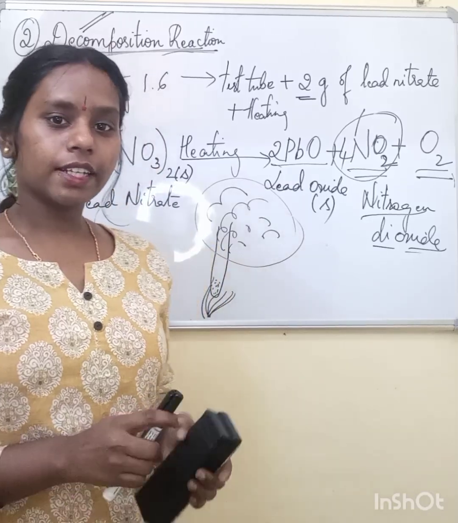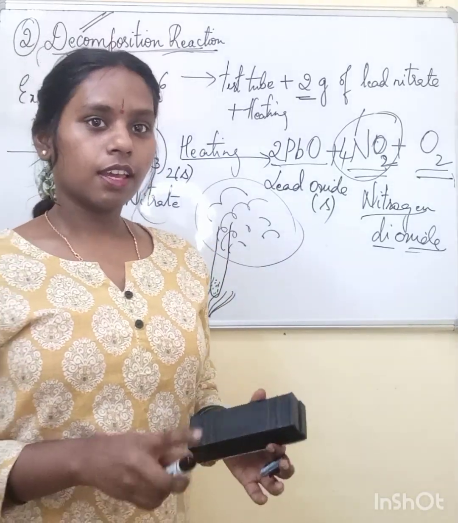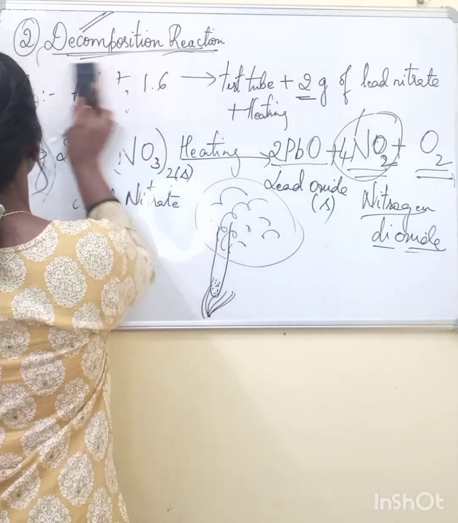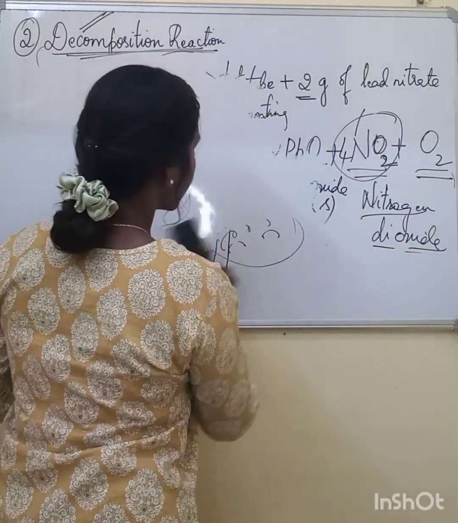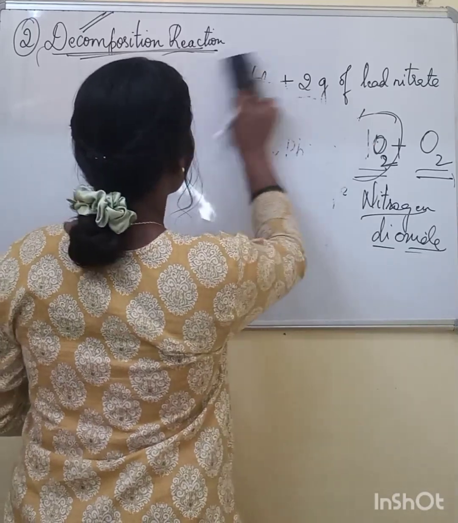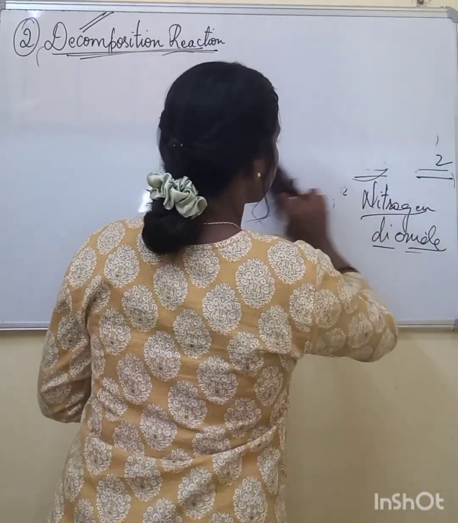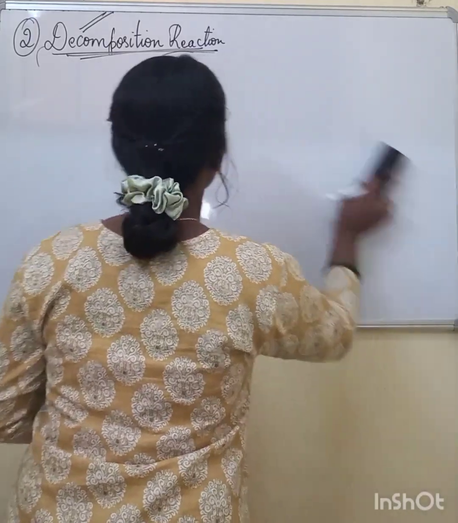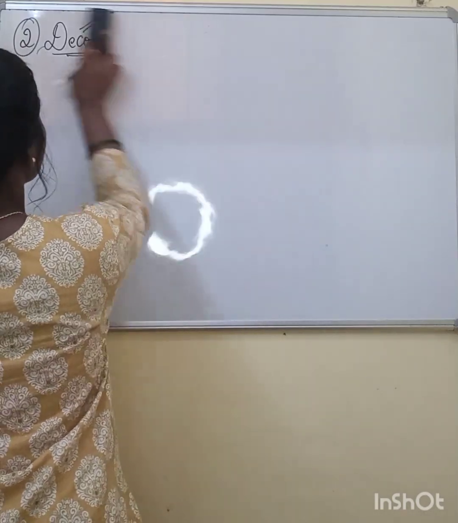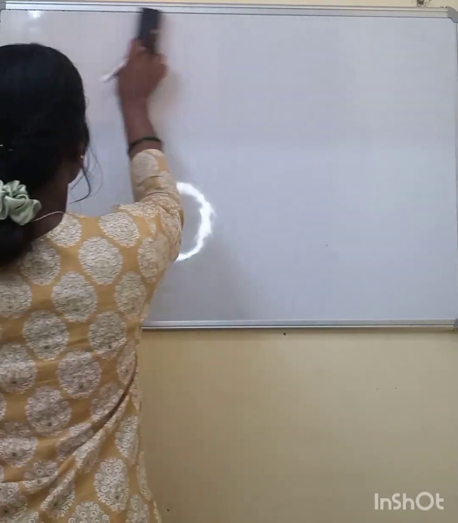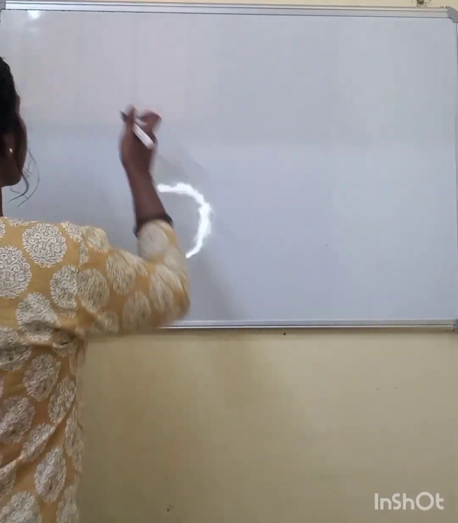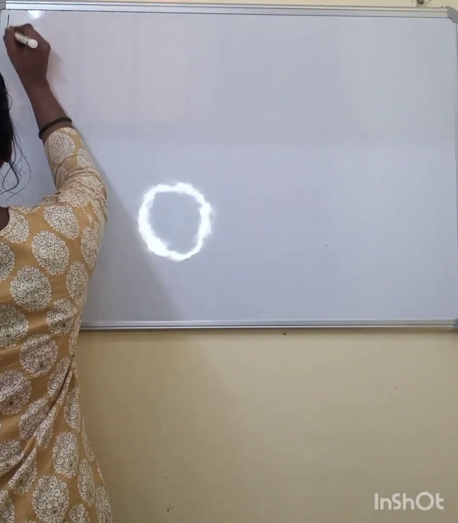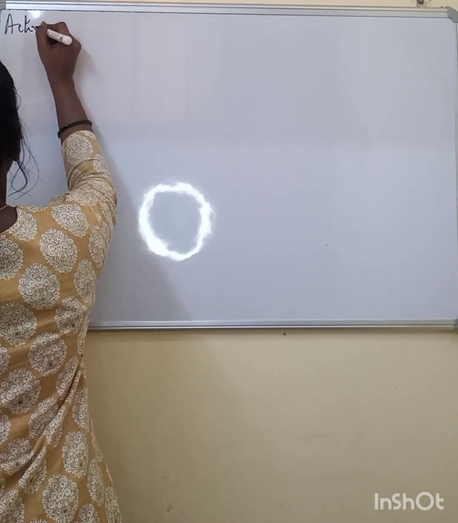So now under decomposition reaction, there is another example which is very important from your exam point of view. This example also comes under decomposition reaction, which is your activity 1.7.